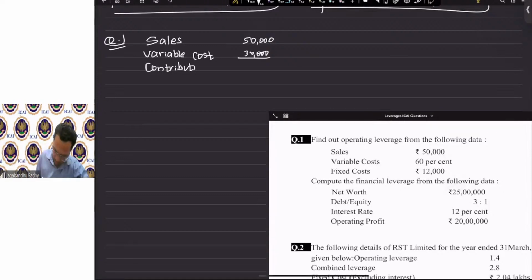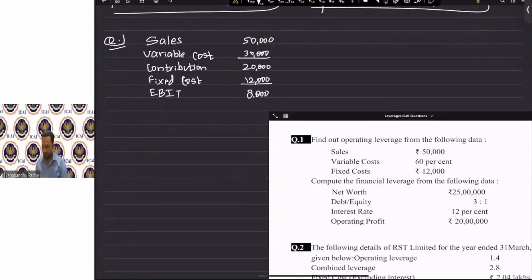And we get a contribution of 20,000. Sales, from that you subtract the variable cost, you get a contribution of 20,000. Then you have a fixed cost of 12,000. Contribution less fixed cost would give you EBIT, earnings before interest and tax, which is 8,000.